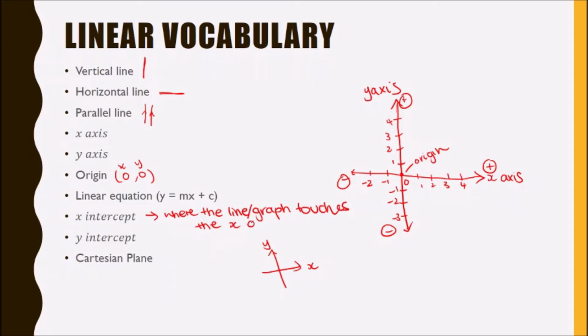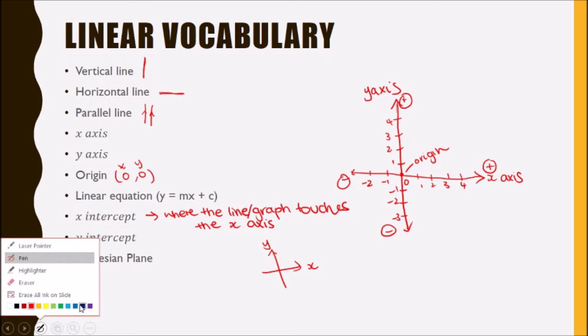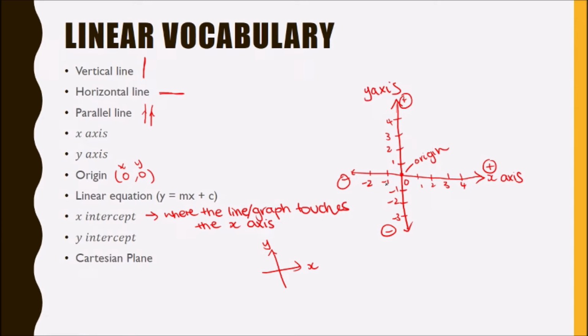If I drew a line, I'll do it in a different color so you can see, in blue, that went like this and went like that, the x-intercept is where the line touches the x-axis.